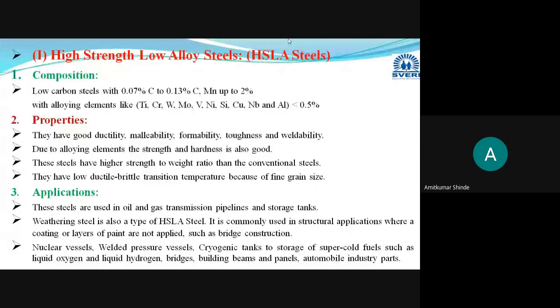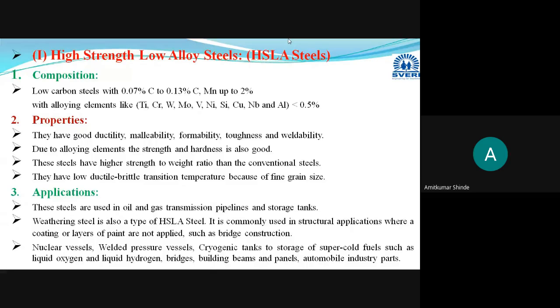It will vary from type to type of HSLA steel. In addition to this, further alloying elements like titanium, chromium, tungsten, molybdenum, vanadium, nickel, silicon, copper, niobium and aluminum may be present, but their percentage will be less than 0.5.